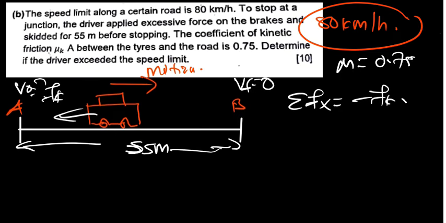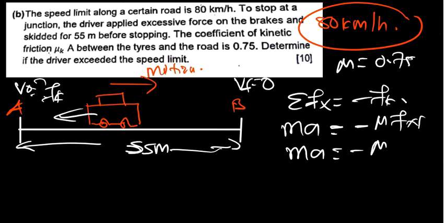According to Newton's second law, we replace this with mass times acceleration. So mass times acceleration is going to be negative mu k times the normal force. Normal force in this case is going to be mg. So we're going to have ma equal to negative mu mg. I'll cancel the mass, so a will be equal to negative mu g.